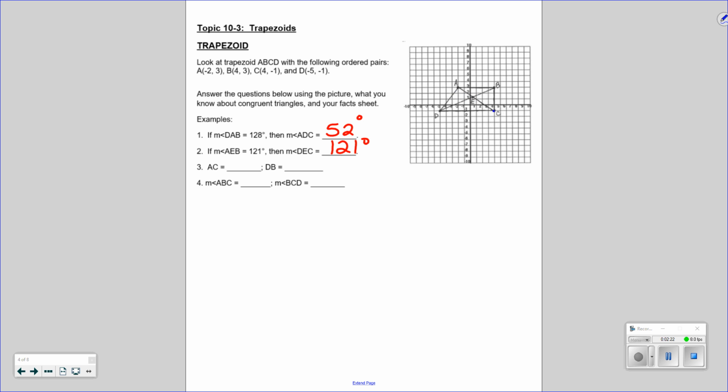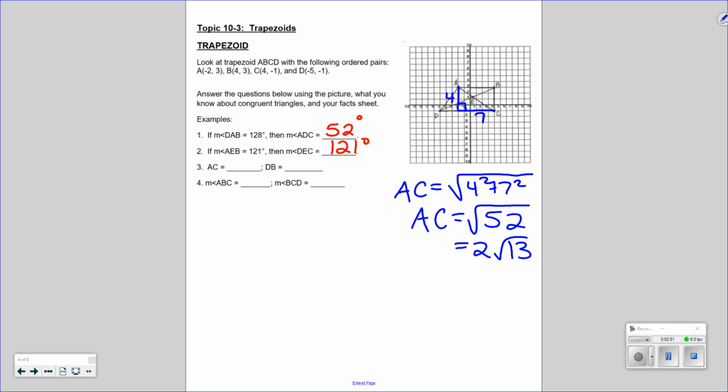Well, let's make this into a right triangle, and one side is 4 and the other side is 7. So to get the length of AC, we would do 4 squared plus 7 squared and take the square root. So the length of AC is the square root of 16 plus 49, which is 65. So we get the square root of 65.